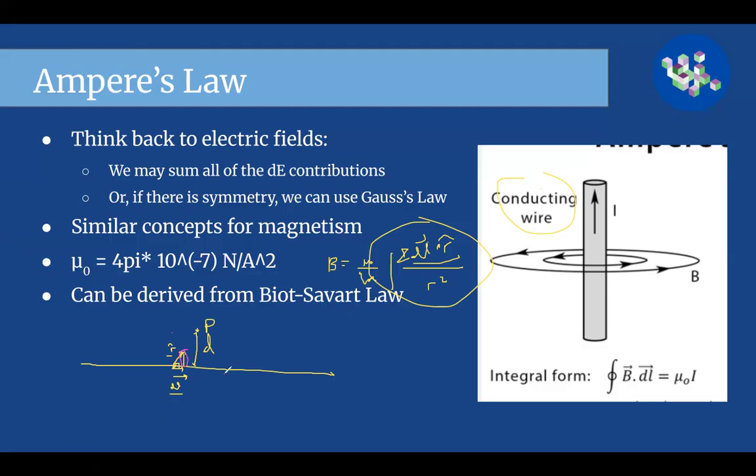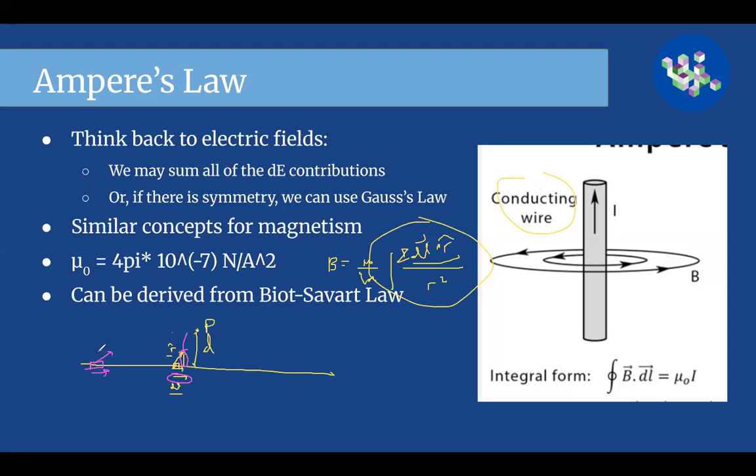I actually want the magnitude of dl crossed with r, so I need to multiply the magnitudes of these two vectors. And this vector over here is only a component of the r hat vector. And the problem is that if I look at a segment over here, now my r hat is pointing that way and my dl is pointing this way.